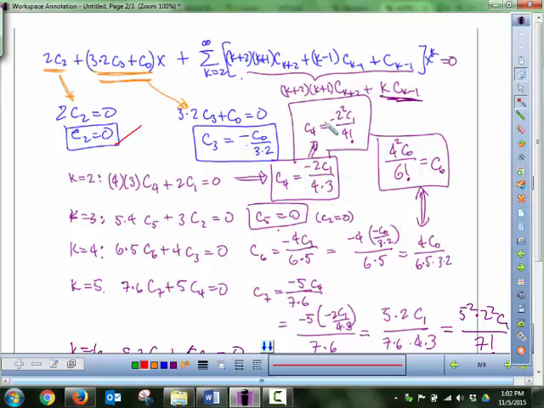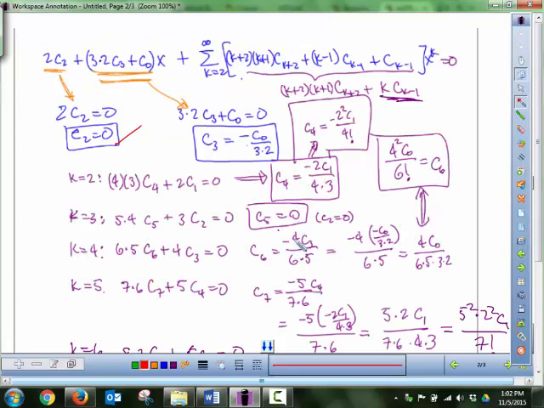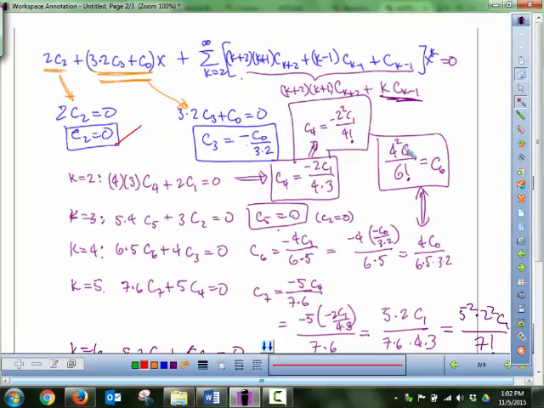Oh, did we agree to make that into a factorial also? So negative 2 squared c sub 1 divided by 4 factorial, x to the fourth. Now the fifth, c sub 5, is 0. C sub 6 is 4 squared c sub 0 divided by 6 factorial.